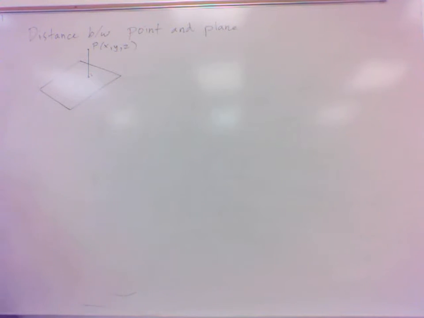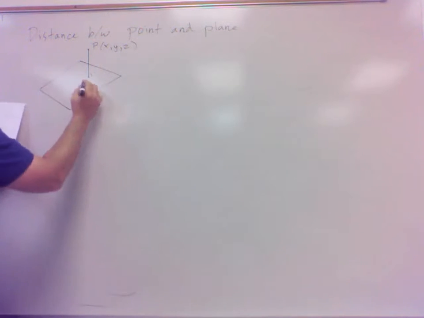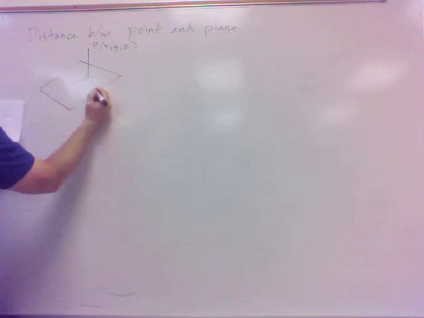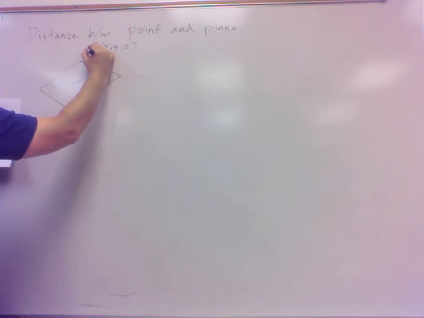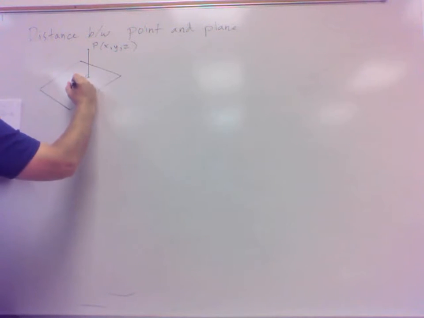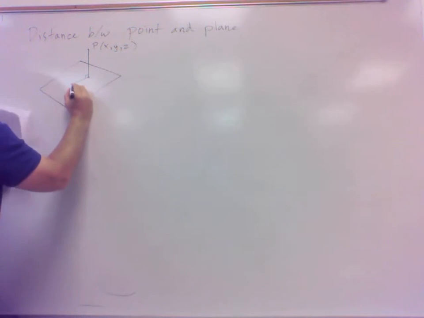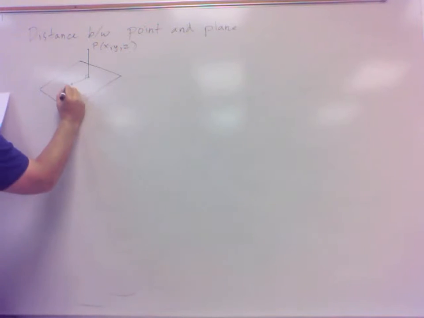Now, to set up our triangle here, let's notice that we can also get a right triangle going on this one. Let's do it this way. So that's 90. So we've got a nice little triangle here. We do another point on the plane, call it X0, Y0, Z0.